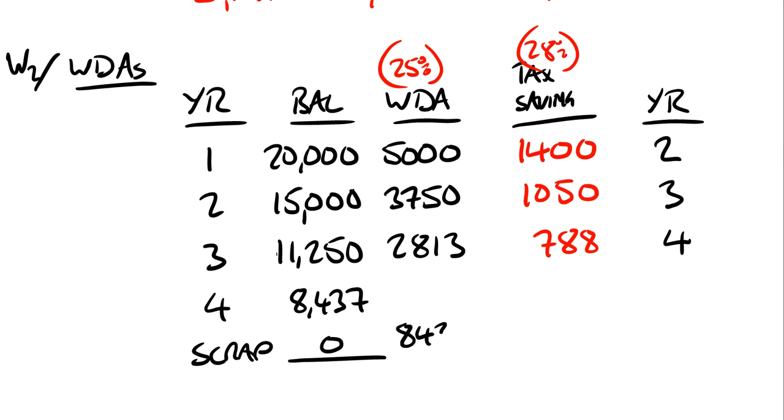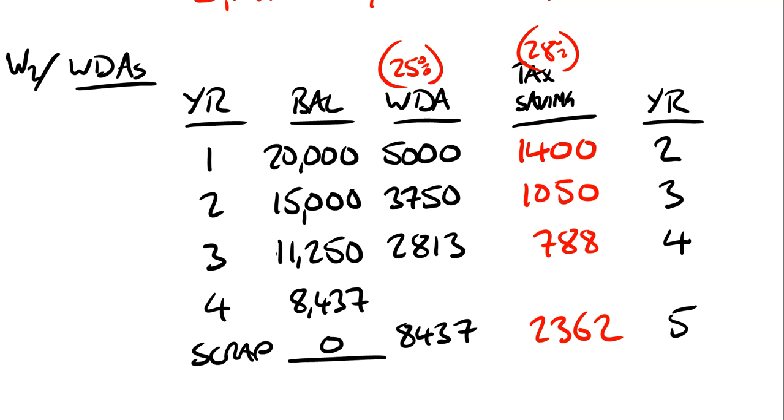And so you're going to get the full benefit of the 8,437 at 28%, which is going to give you 2,362. And that is going to give you that benefit in year 5. So no difference to lots of other ones we've seen. You've just got to be careful with the percentages, and you've got to be careful with the tax and the scrap value.